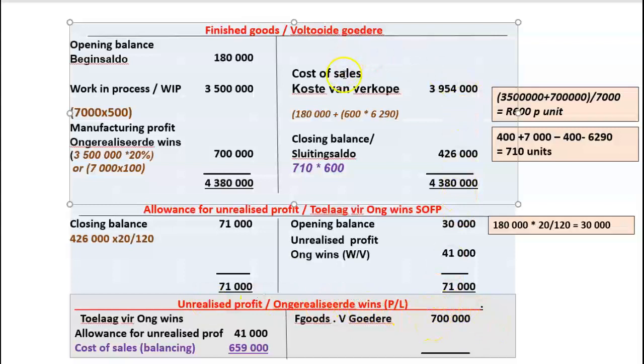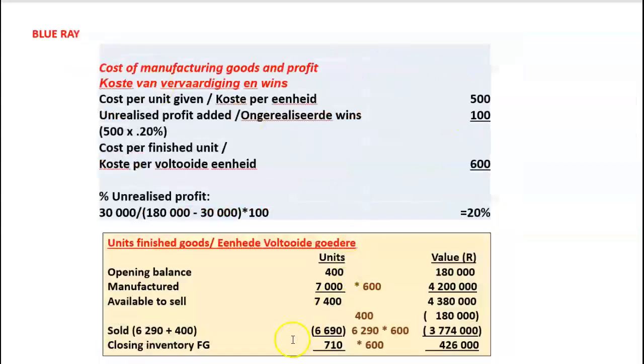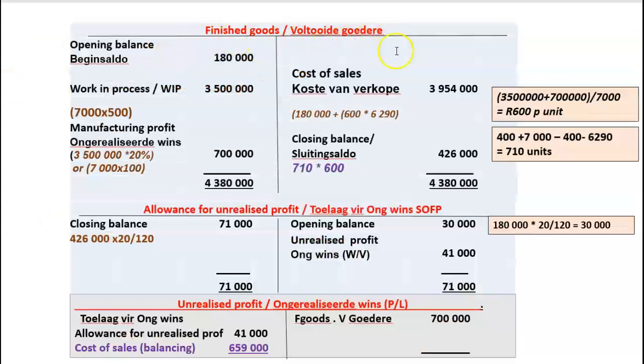Then we said, okay, what was our cost of sales for the year? Our cost of sales for the year was that 180,000, and 6,290, the number of items of the 7,000 that we sold during the year, at a price of 600 Rand, 3,774. Remember, in our finished goods account, we have to work with the inflated figures, the 600 Rand, and not the 500 Rand.